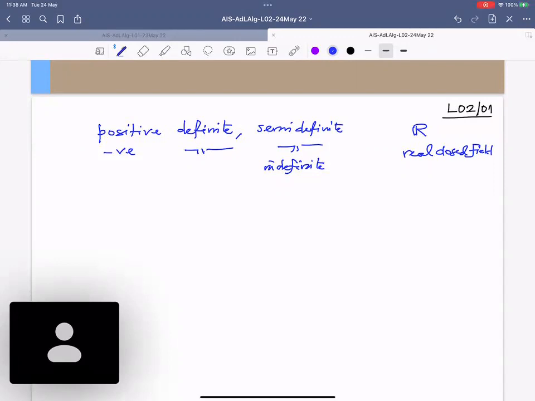say this. For example, positive definite should mean that phi of x,x is positive for all x in V. Similarly, semi-definite means bigger or equal to 0. Of course, this x is not 0.